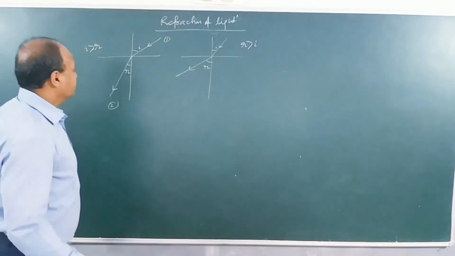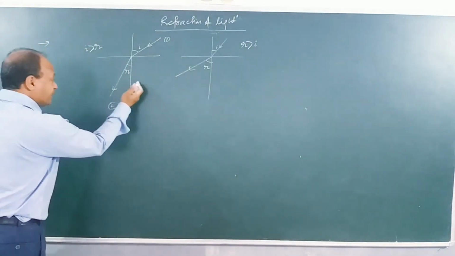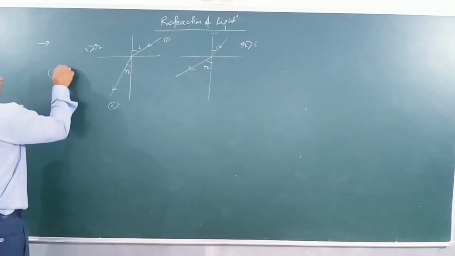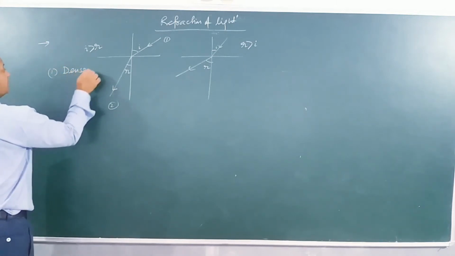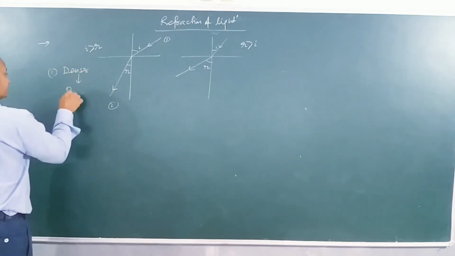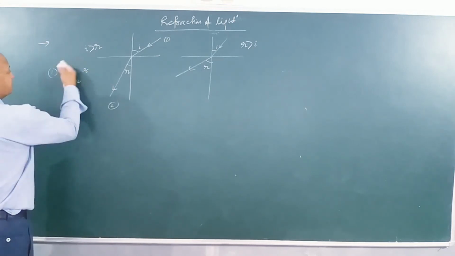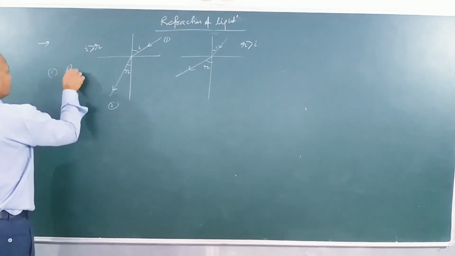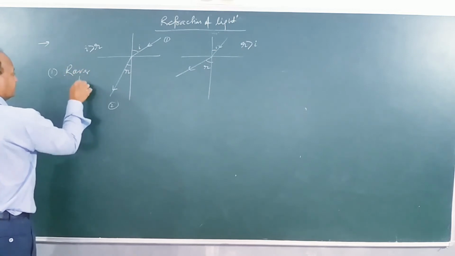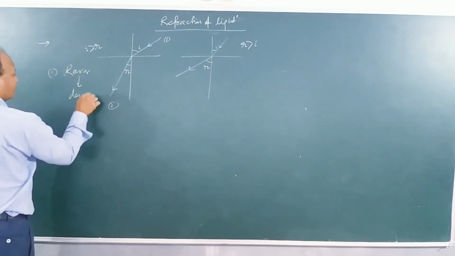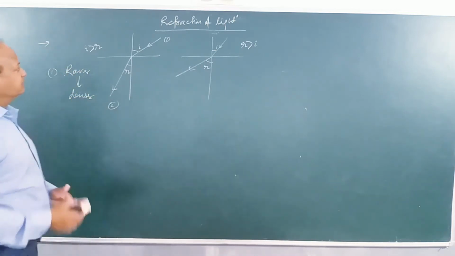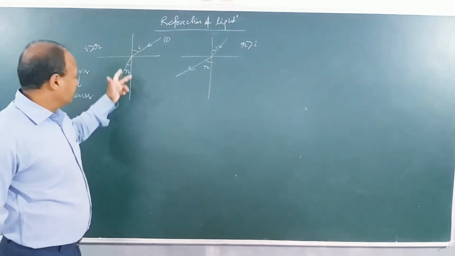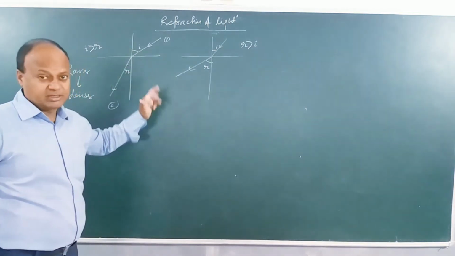I want you to understand. A ray will bend towards the normal when the light is traveling from rarer to denser medium. Keep in mind, when the light is traveling from rarer to denser, it will be bending towards the normal. Now, why is it happening?